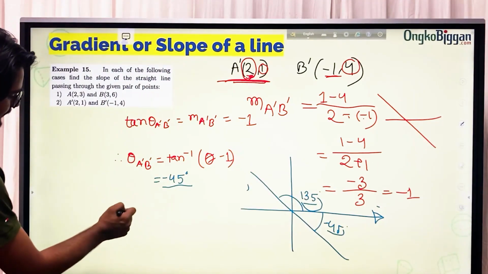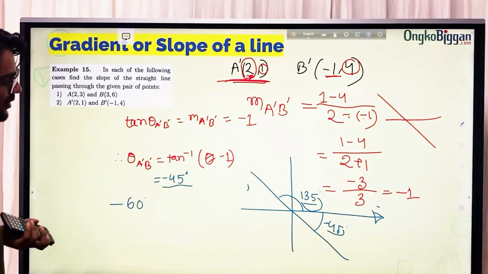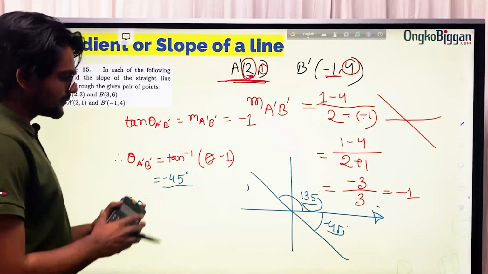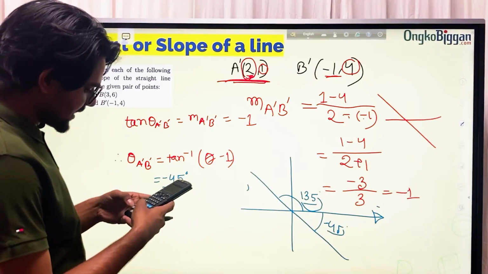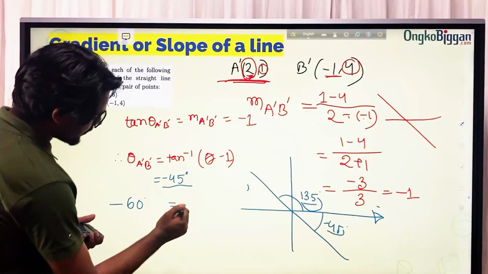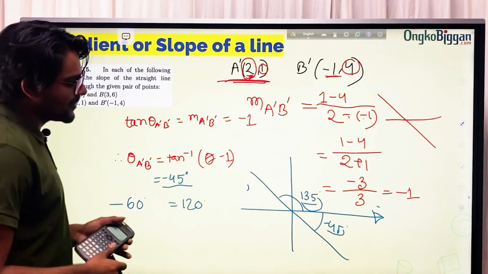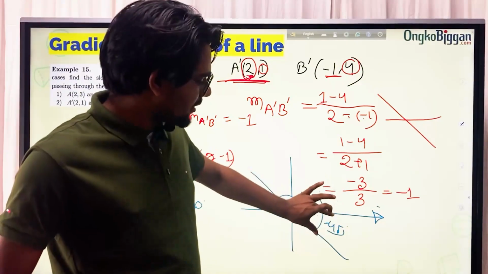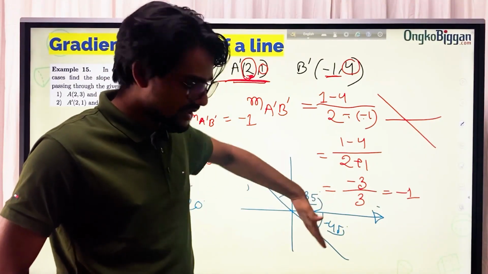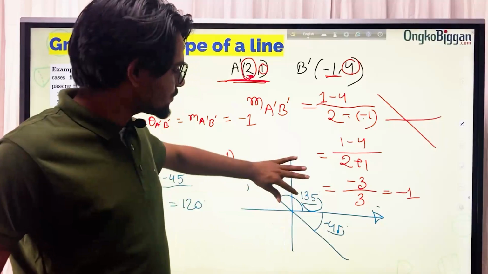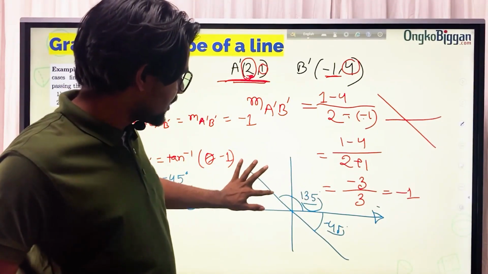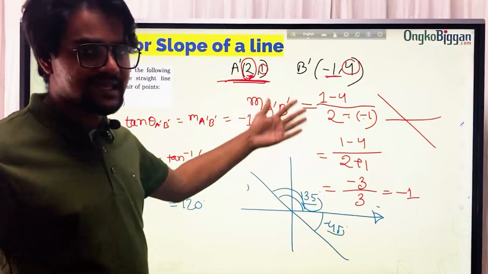If I got minus 60 degrees, I need to convert it into a positive value, which will be 180 minus 60, so 120 degrees. It has to be written as 120 degrees, because we are finding the angle it creates in this direction, as the straight line rotates in this way. In most cases, we try to find the angle in the positive direction, that is on the upper side of the x-axis.